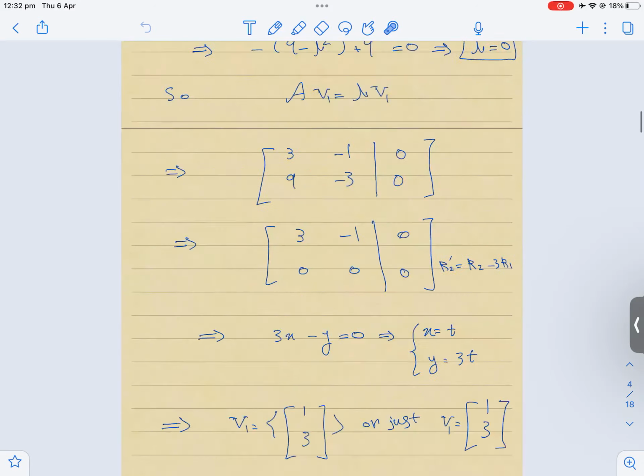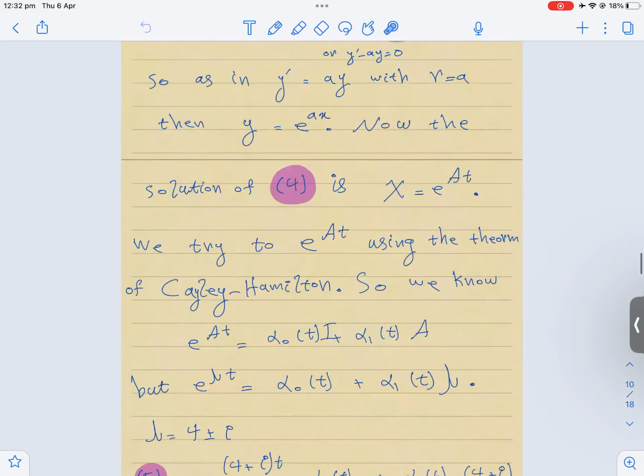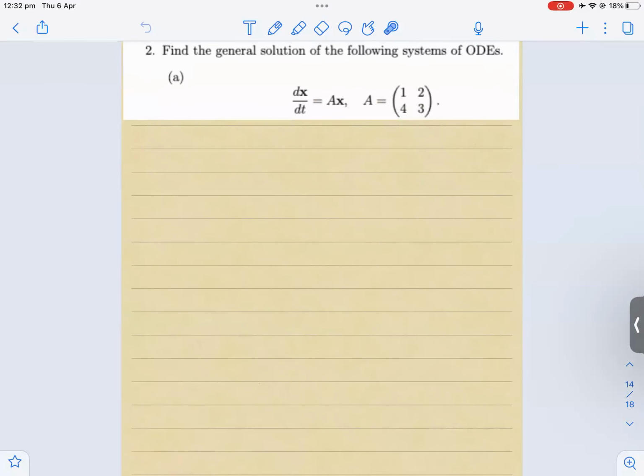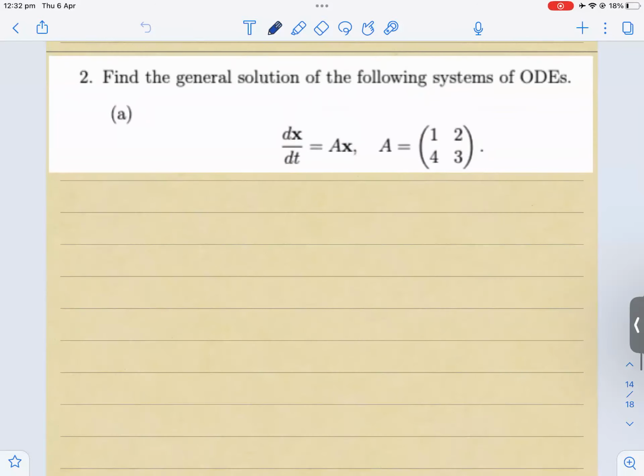Question 2, we've done it. Week 7, question 2, part A. Okay, so you need to help me because I have not written it. The first thing I can do is obtain A minus lambda I, which will be 1 minus lambda, 2, 4, 3 minus lambda.